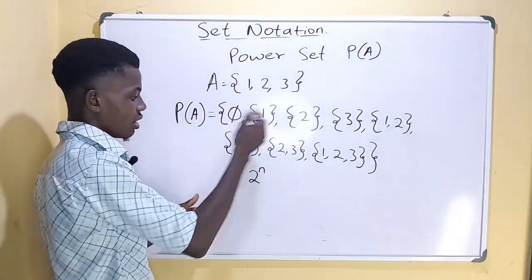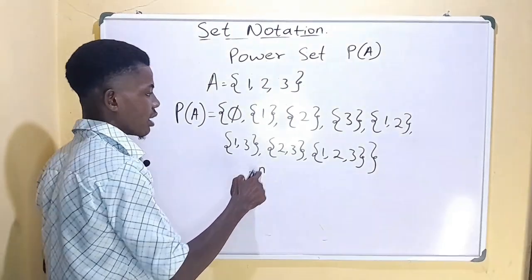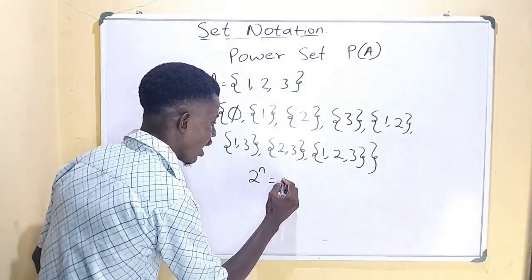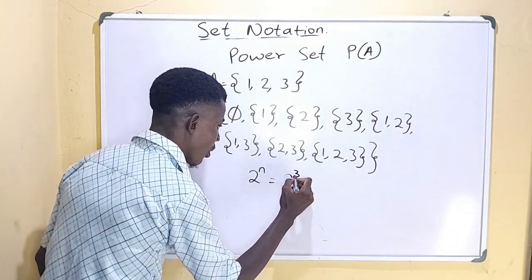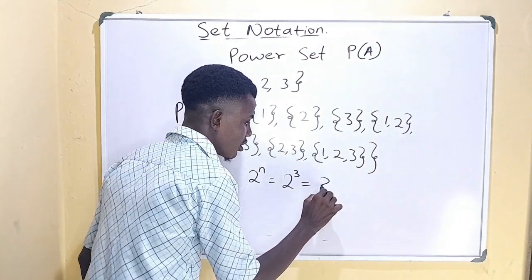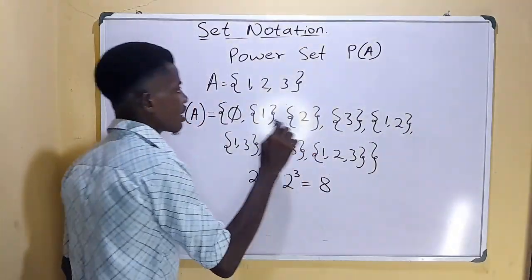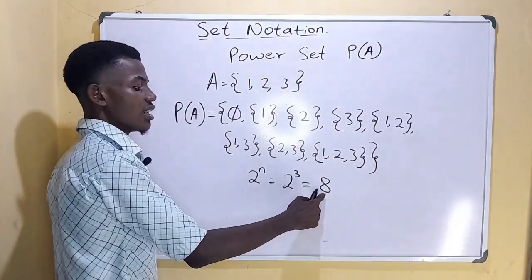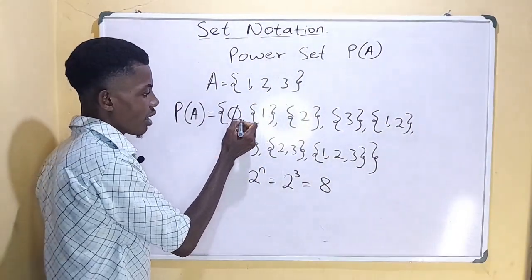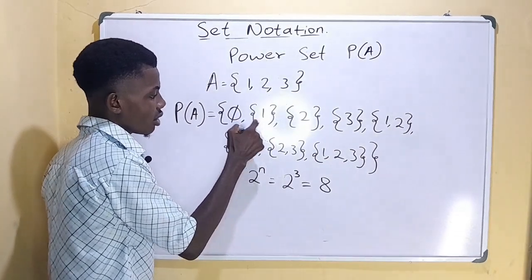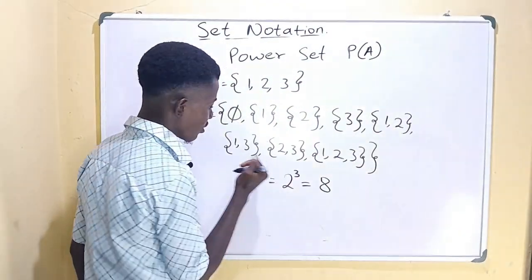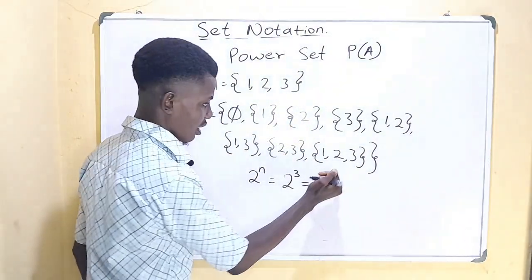Now let's use this, 2 raised to power n. The cardinality of this set is what? 3. So we now have 2 raised to power 3, and 2 raised to power 3 gives us 8. It means that this set has 8 subsets. Let's count it: 1, 2, 3, 4, 5, 6, 7, 8.